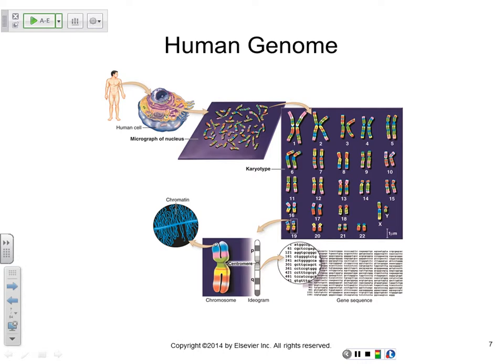So they take electron micrograph photos of the nucleus chromosomes, and then they order them from largest to smallest. So chromosome number 1 is the largest chromosome, all right? And then all the way to the smallest, which will be the sex chromosomes. And we'll talk about those in a little bit, all right? So that's what a karyotype is.